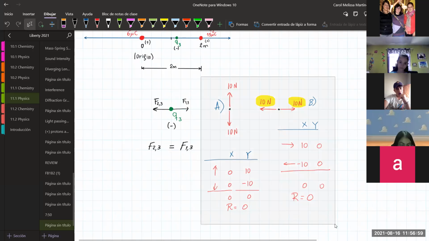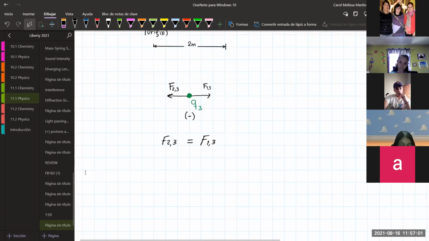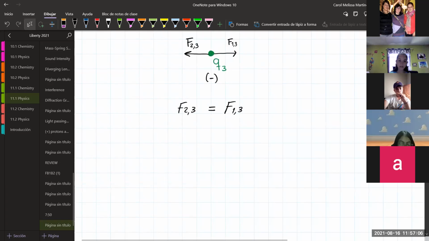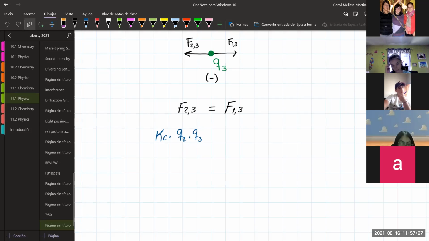I'm going to delete this. And now it's where the topic begins. That is just the introduction, okay? So, according to Coulomb's law, the electric force is calculated as Kc times charge 2, charge 3, divided by the distance between 2 and 3 raised to the second power.